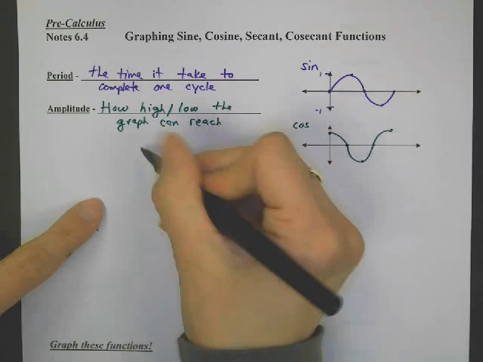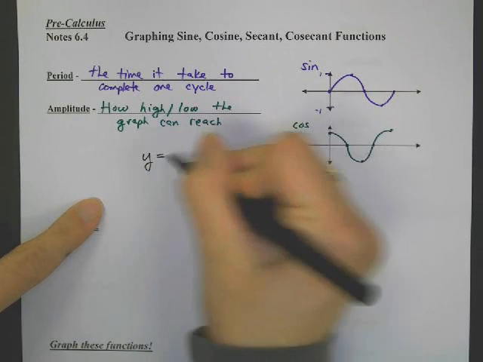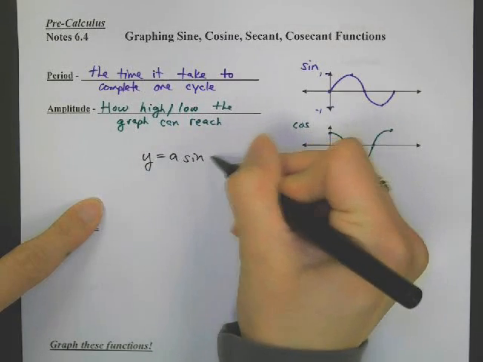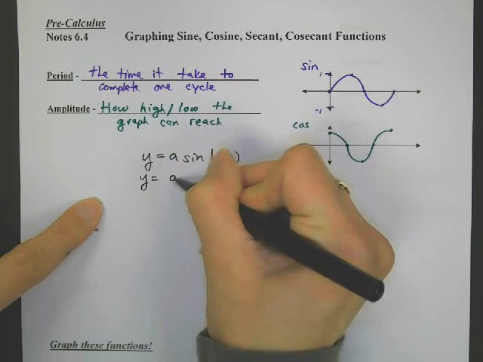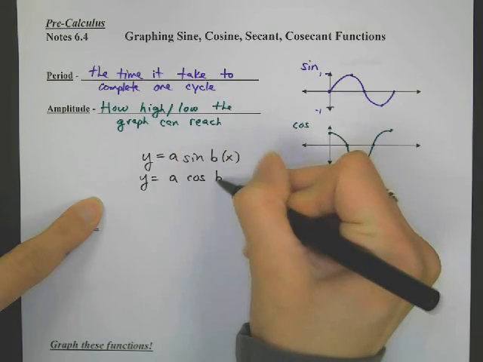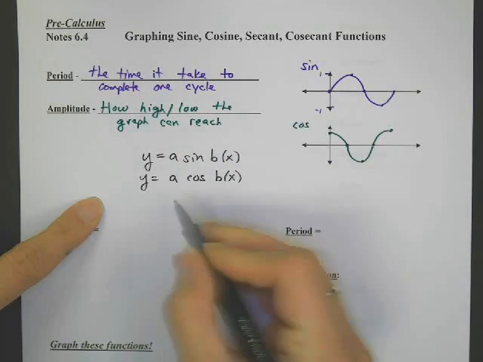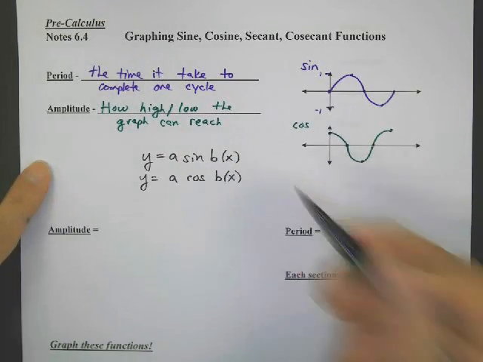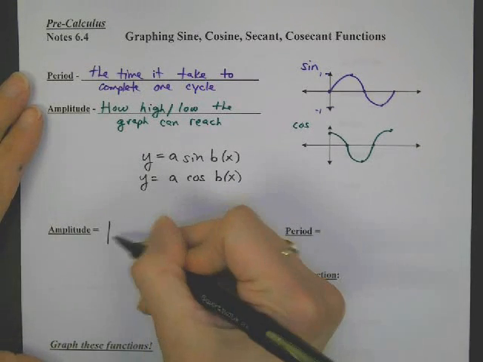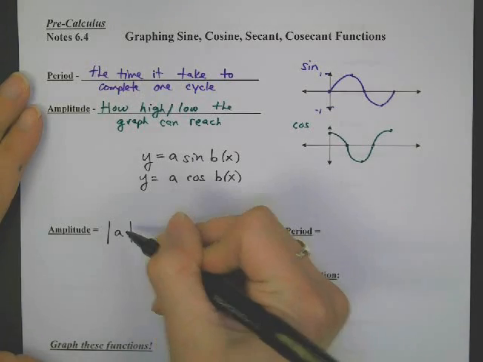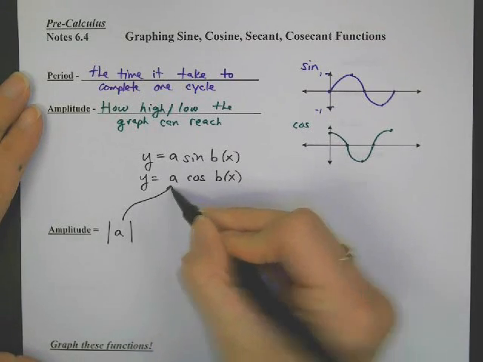If we take a look at some basic equations, y equals a times the sine of bx, and y equals a times the cosine of bx. Both of these have the variables in the same place. The amplitude formula is the absolute value of a, the number out in front.